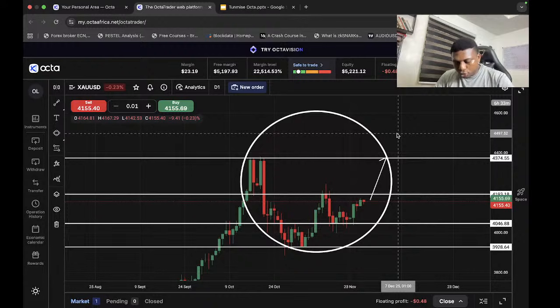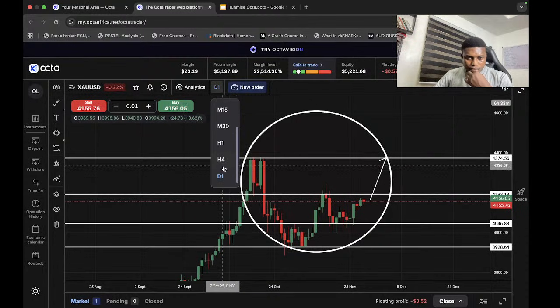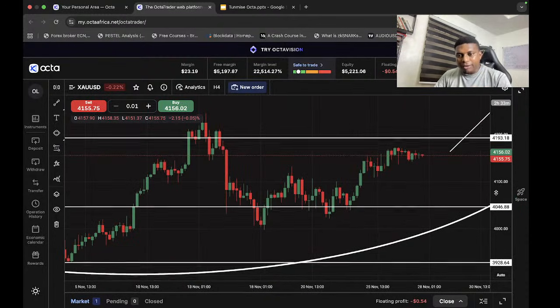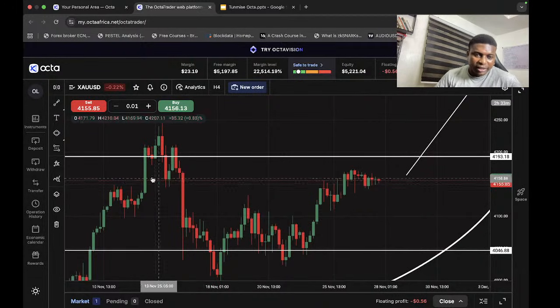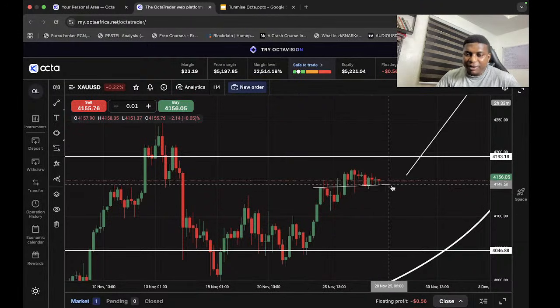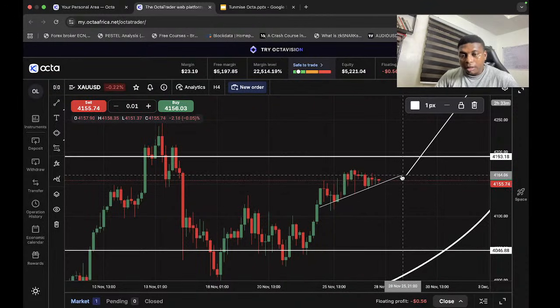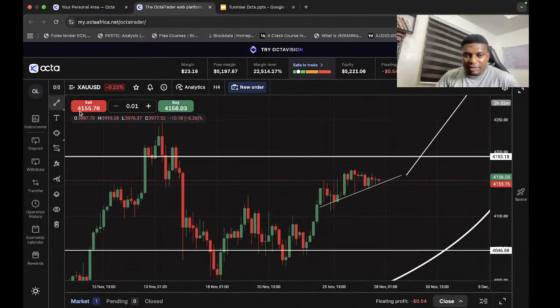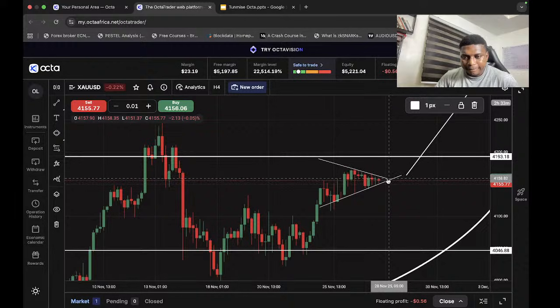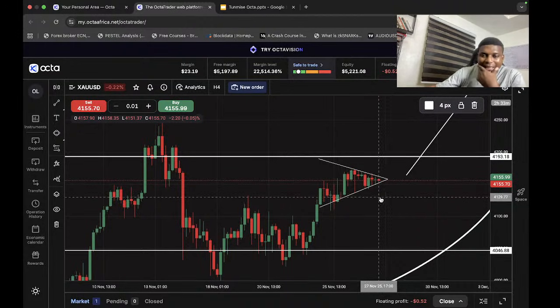So now let's go down to the 4 hours time frame. One interesting thing I want you to observe is that on the bigger time frame, price is already consolidating at this level.